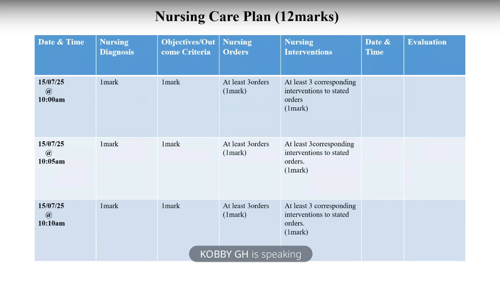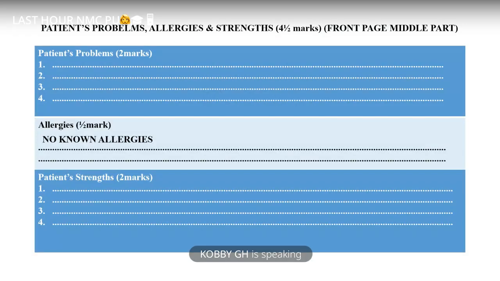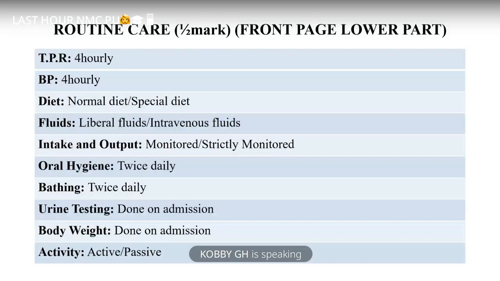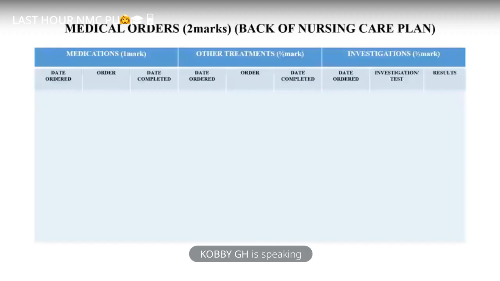Now, after doing the division, you turn to the front page. The first thing you write is the candidate index number. Then you sign. Then you go straight to the allergies and write no known allergies. Then you do the routine care, which I've explained. Then I mentioned the investigation for orthopedic: once you confirm the diagnosis, that is a fracture, straight away for the investigation, don't search for anything, just write X-ray.